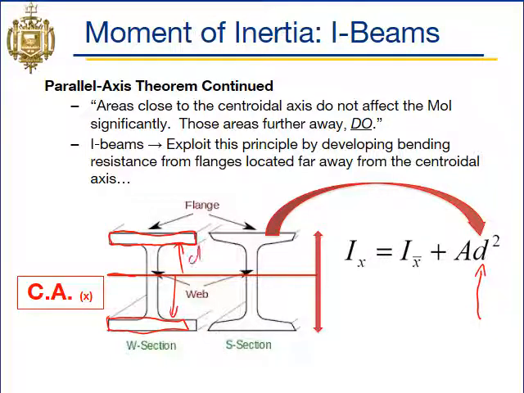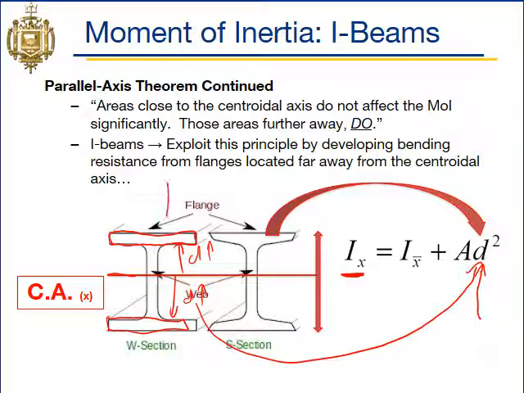So d is a pretty big number. So we increase this d value, which ends up being squared, and that gives us a large value for Ix. So what happens is I-beams end up being very strong about their x-axis.